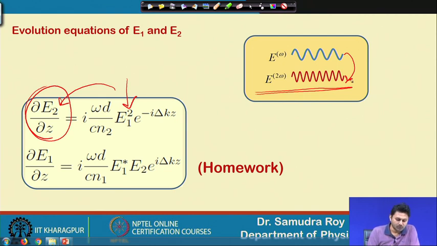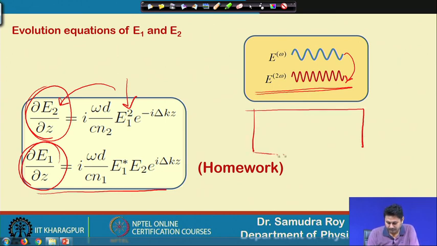Also we have another expression in our hand, where we can see the evolution of E1. That means, if this is my system, E1 will also evolve in some way, and E2 is also going to evolve in some way. We need to find out.